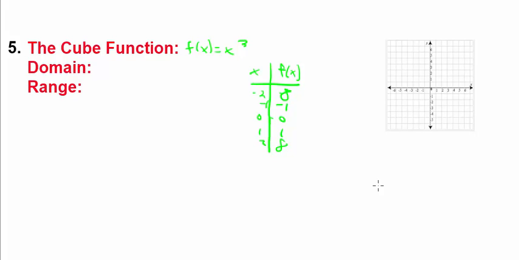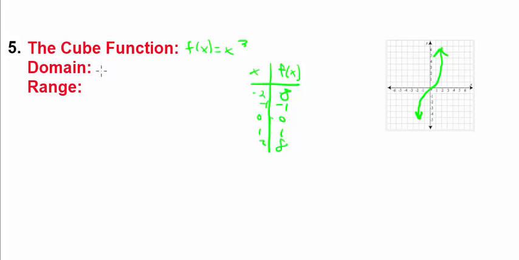You'll notice there is some symmetry with this, but it's not the same symmetry we saw with the last couple. If we were to graph this, it's going to come down, intersect the origin and snake down this way. So there is some symmetry. We'll get to that in a minute.